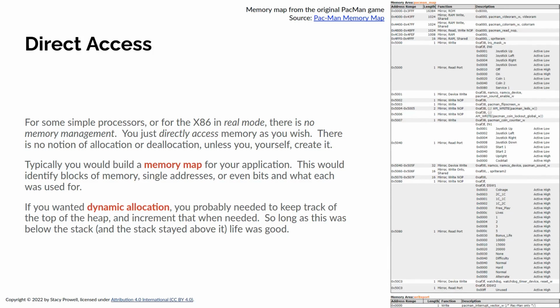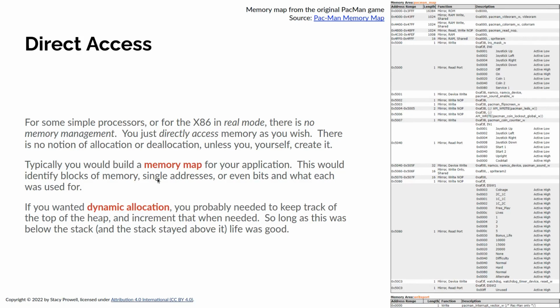If you want memory to be allocated, you need to write something that allocates memory. If you want to have a set of memory set aside for some purpose, you need to remember that the memory is set aside for that purpose. And so typically you would build a memory map of your application. You'd go to Walmart, buy a spiral notebook, and fill it with scratchings of what goes where, and you'd wind up with a memory map.